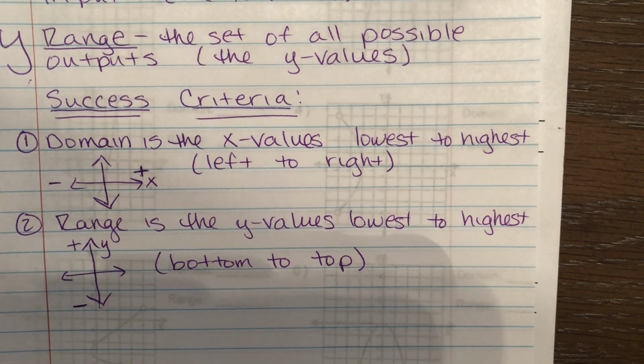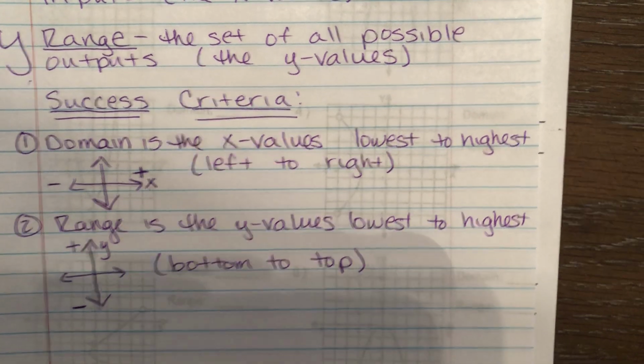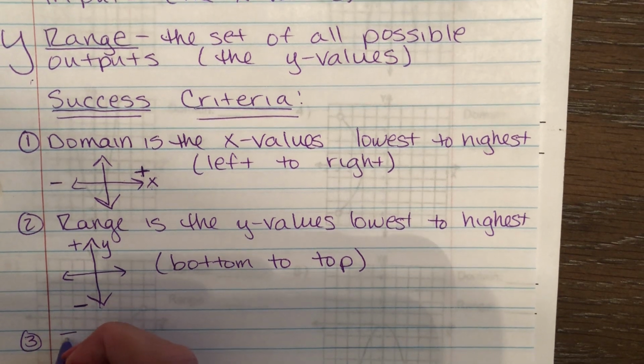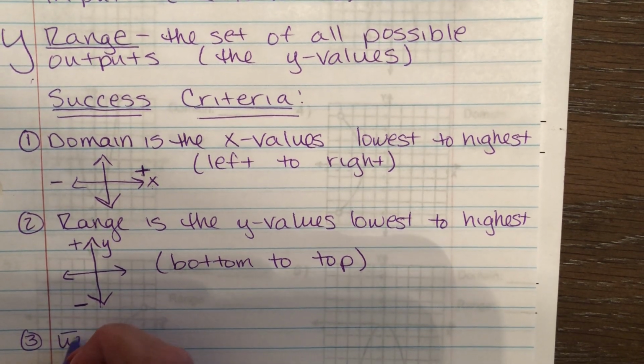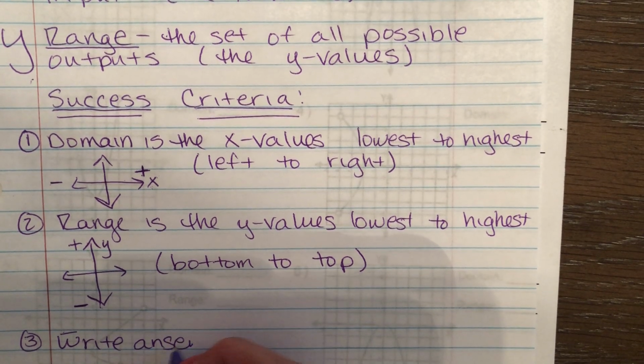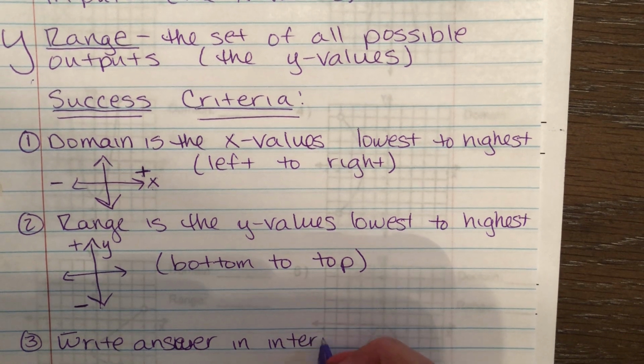All right, once you figure out those values, now you have to give an answer. So there's two ways you can give an answer. The first way is called interval notation. Write answer in interval notation.